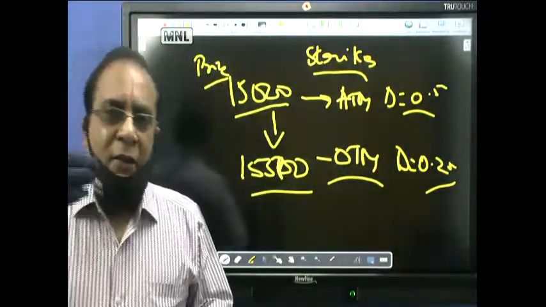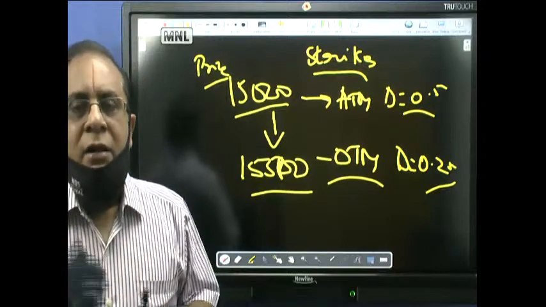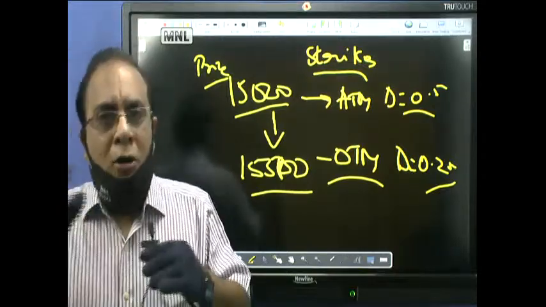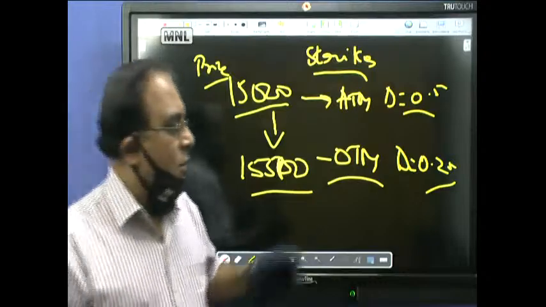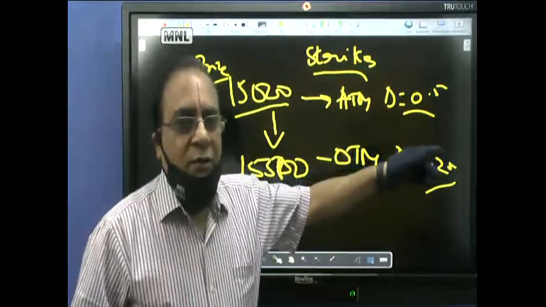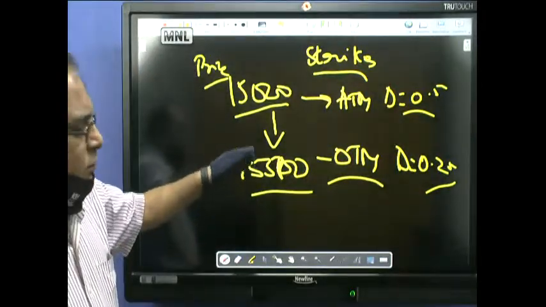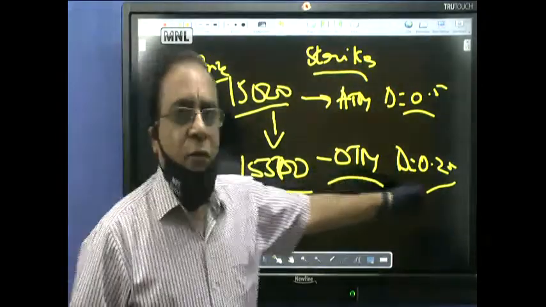I think there are mathematical formulas which depend on the volatility and the time left to decay. All these will be factors in deciding which strike will have a delta of 0.25, and which strike is away from 0.5. If you are speaking of 1 month away, probably 15,500 could be a delta of 0.25.